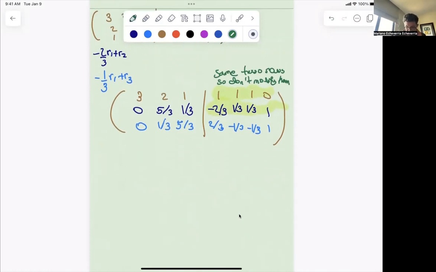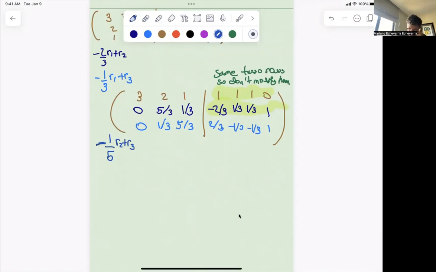So the only thing that you have to do here to get a 0, if I'm not mistaken, is just to put a minus 1/5 of row 2 plus row 3. Yes.